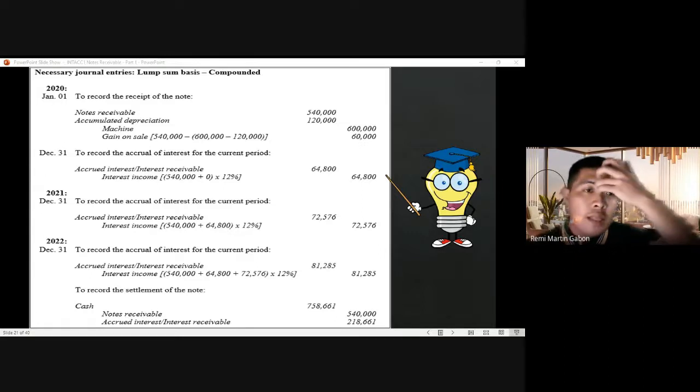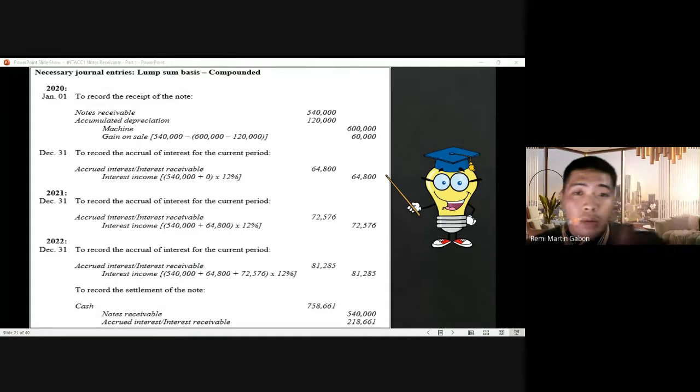Then to record the settlement of the note, we debit cash for the entire amount of maturity value. So the principal of 540,000 plus the total interest.